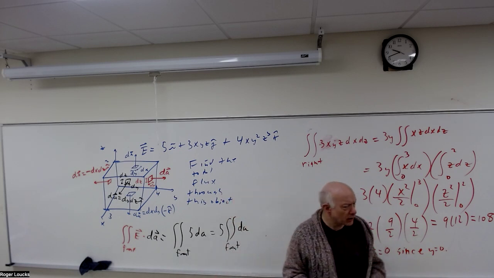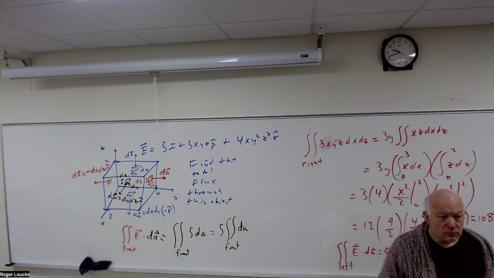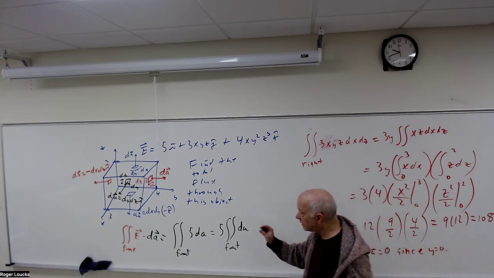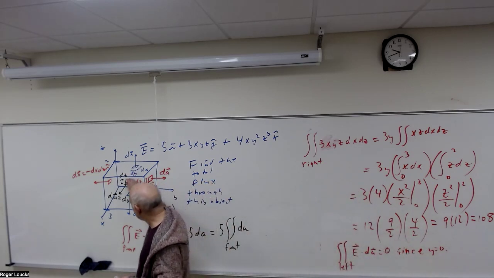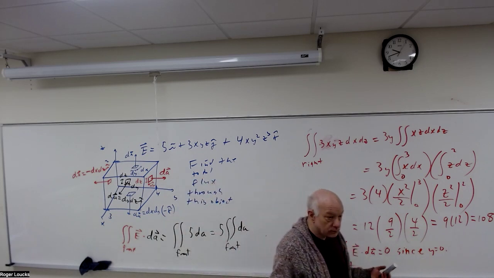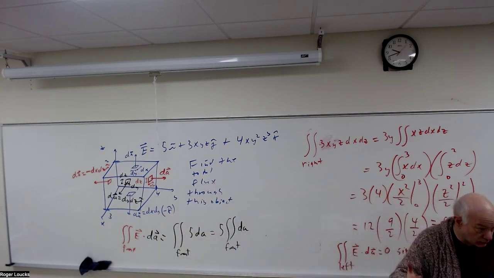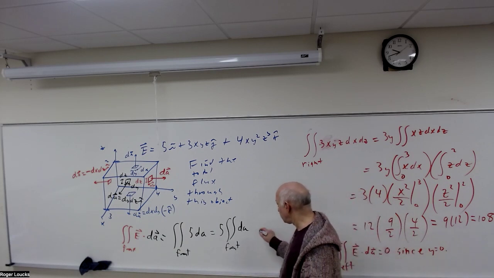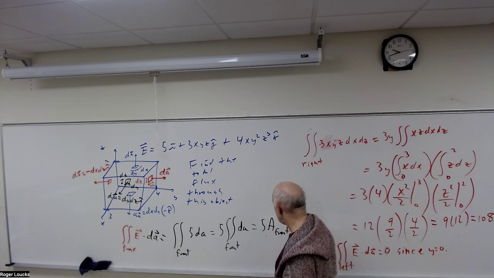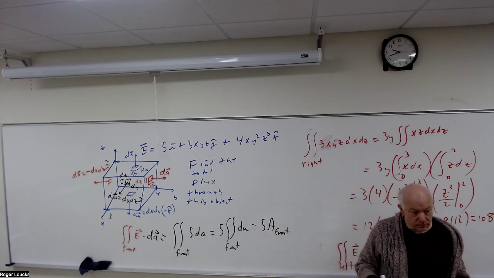What is an integration process? When you integrate, what are you doing? Summing up tiny little things. If I take a little dA here, that's my little dA, and sum them up over the whole front, what does that have to give me? The area of the front. This has to just equal A, which is the area of the front. Well, what is the area of that front?